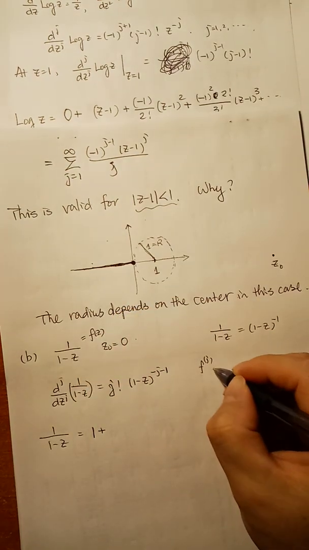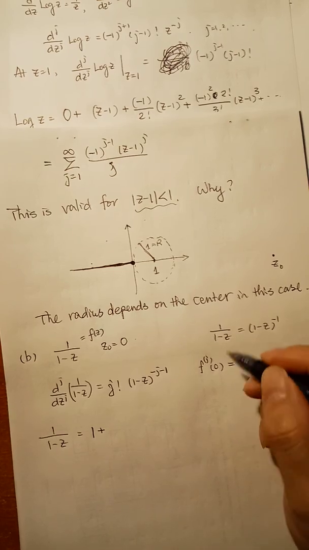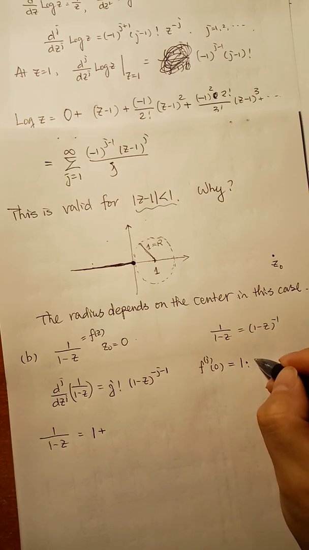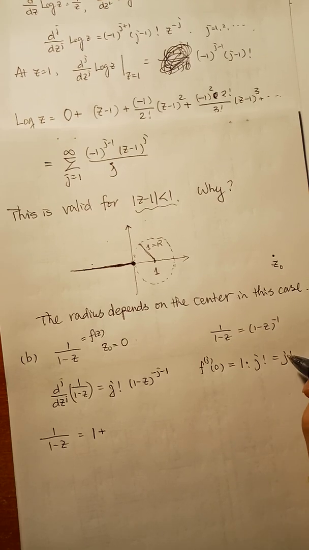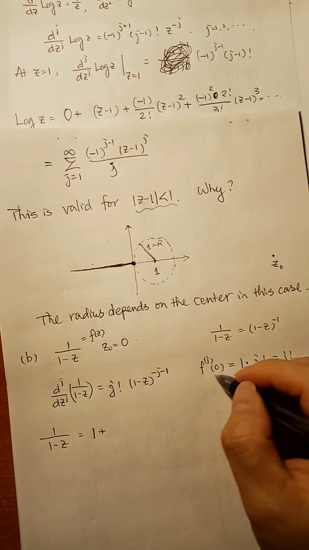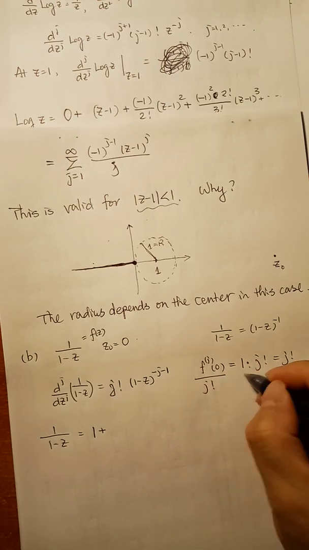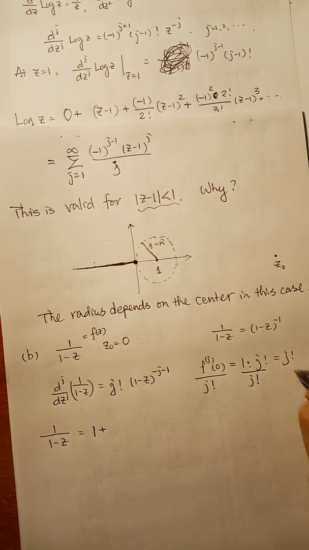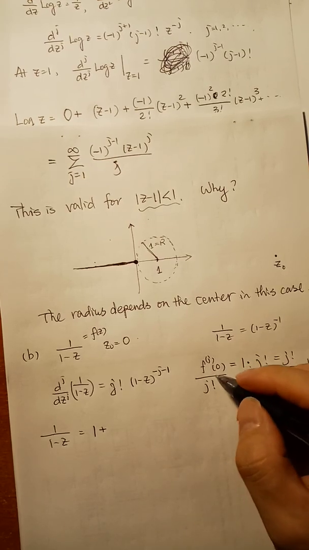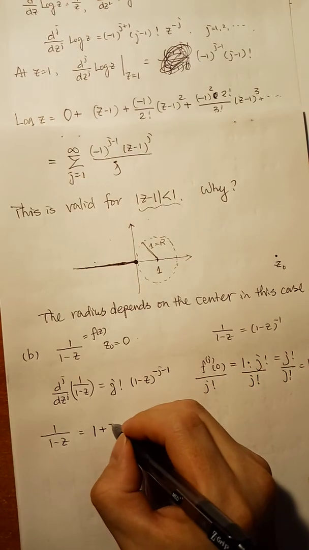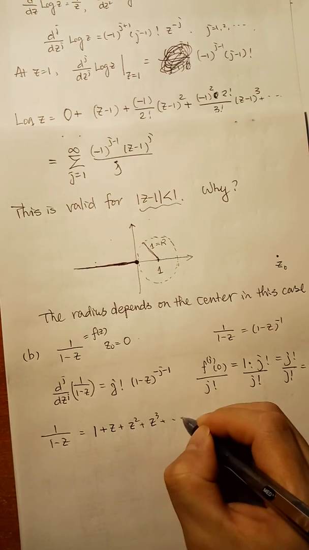The j-th derivative evaluated at 0 is 1 times j factorial, which is j factorial. And remember that you have to divide by j factorial, which is equal to 1. So the coefficient is always 1. So you have 1, z, z squared, z cubed, and so on.